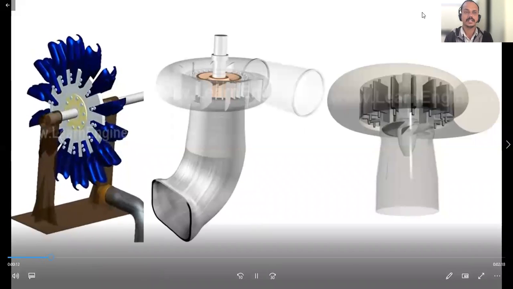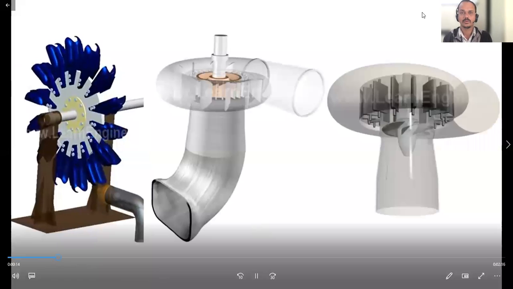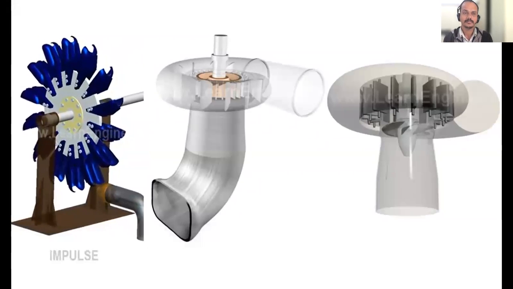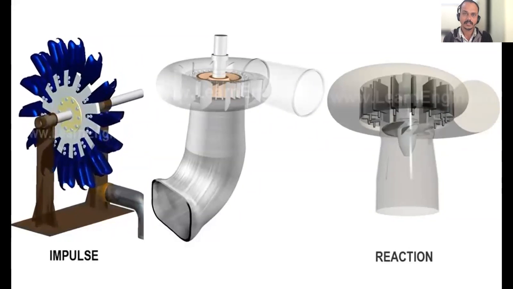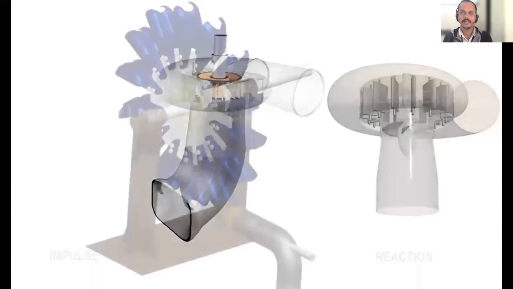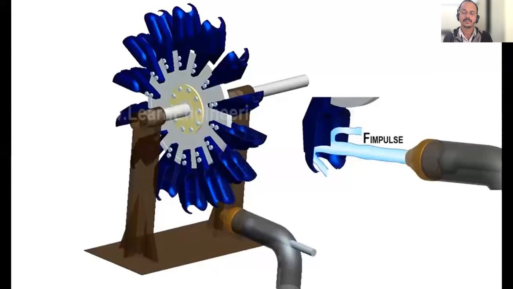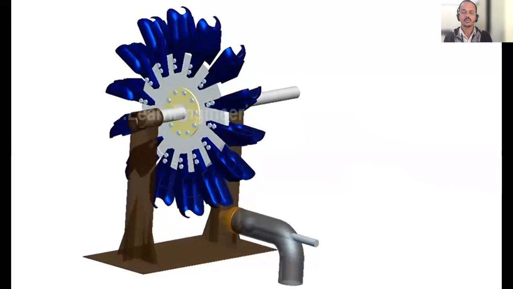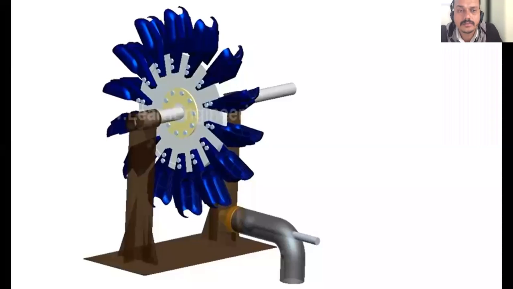These three turbines are here. So very small comparison is given here. This Pelton turbine is the impulse turbine and Kaplan turbine is the reaction turbine. In Pelton turbine, only kinetic energy is available, so we can call it an impulse turbine.